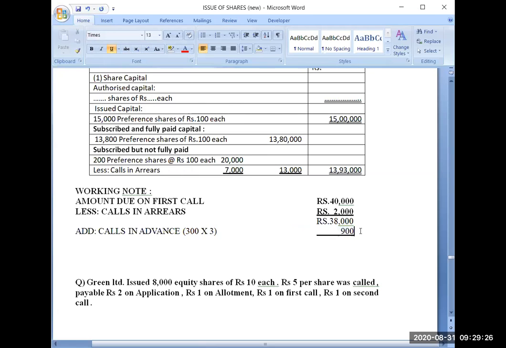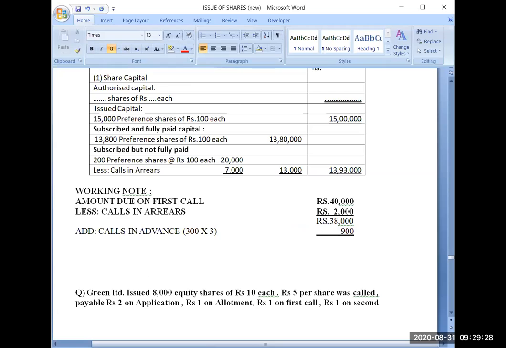Now the total amount which I have received is rupees 38,900.